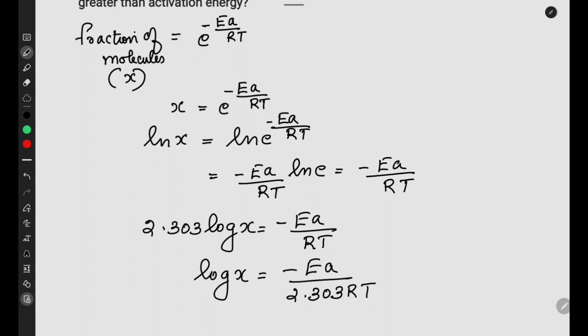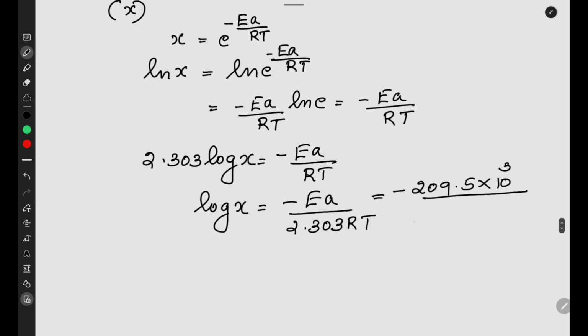Now let us substitute the values. Minus 209.5, we can write it as 209.5 into 10 raised to 3 in joule. I will convert into joule because the R value we are going to substitute in joule per Kelvin per mole. So R is 8.314 and temperature is 581.